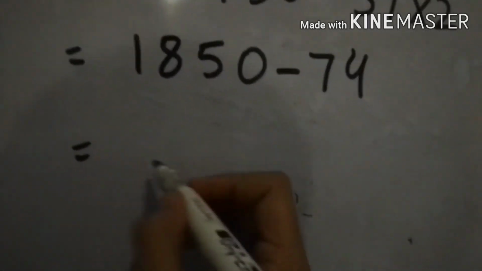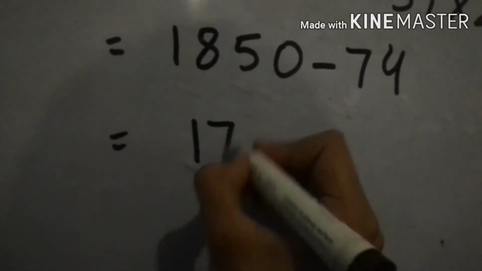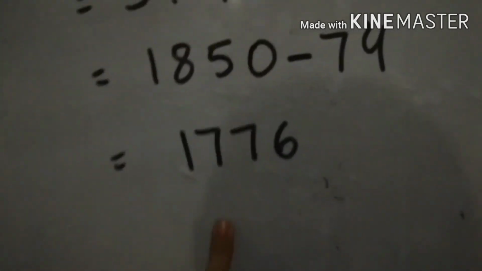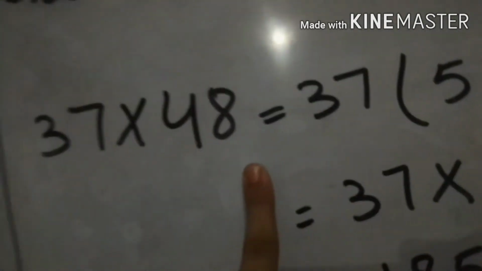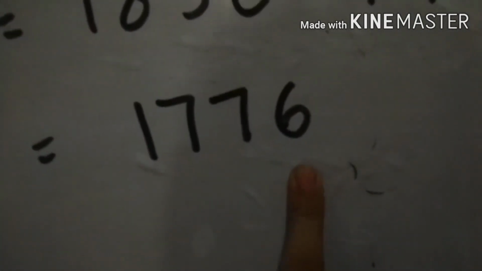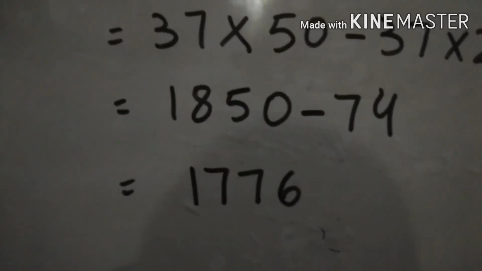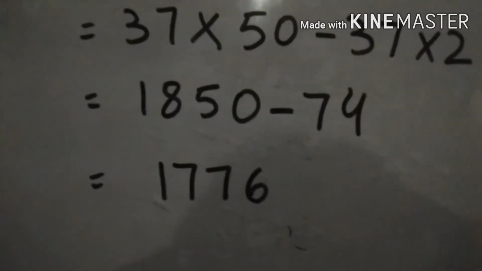When we subtract both these, the answer will be 1776. The product of 37 and 48 is also 1776. So our answer is correct. In the same way, all these parts of this question will be solved.